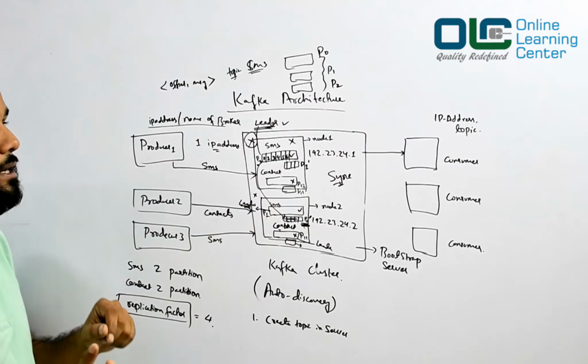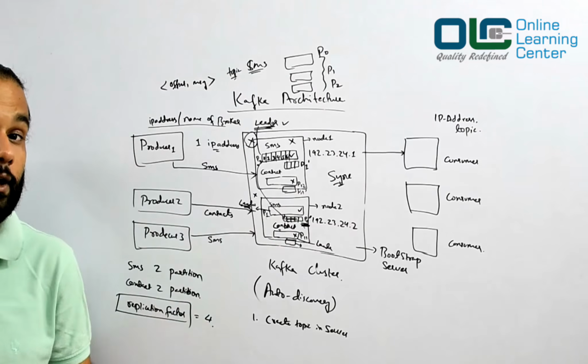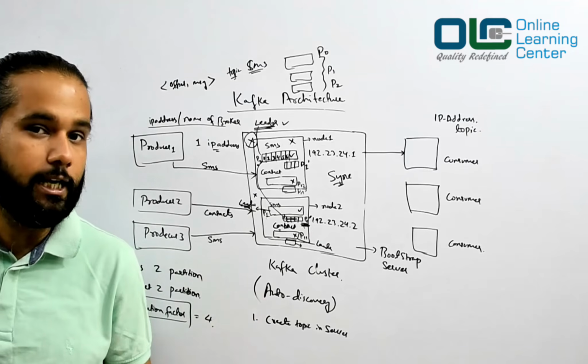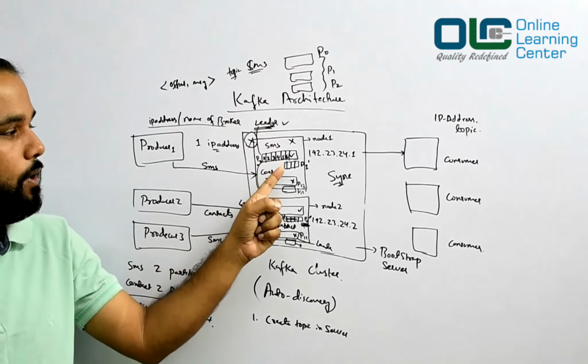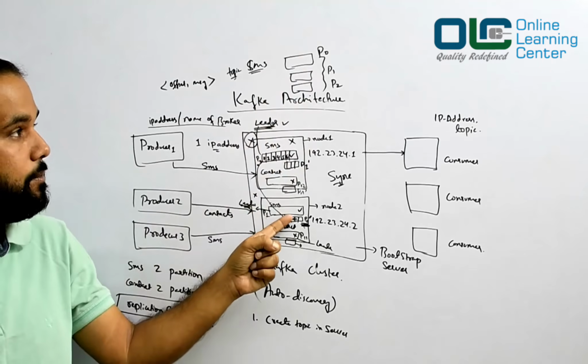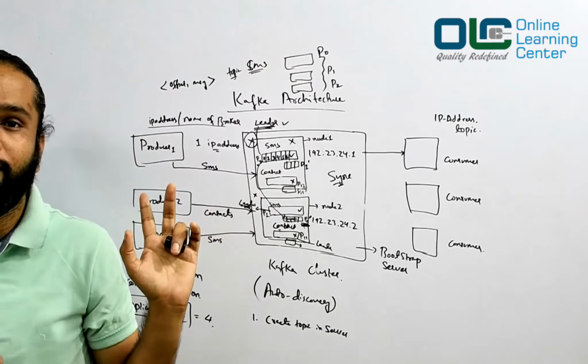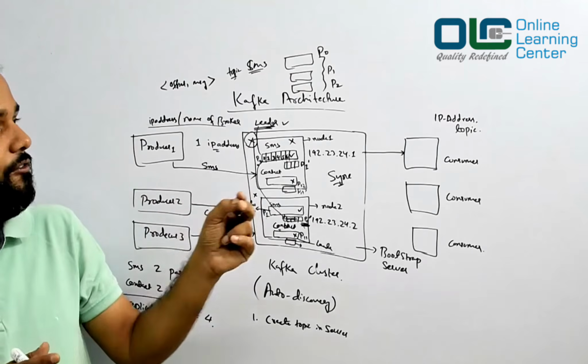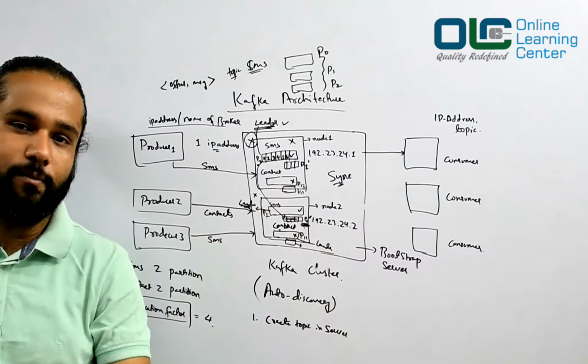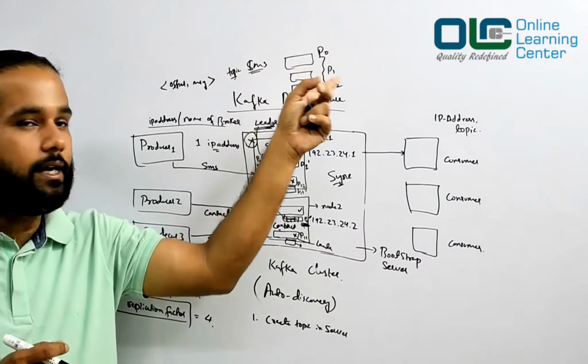It is not necessary that all these 3 partitions would stay on the same machine. P0 may be present in one machine, P1 in another machine, P2 in yet another machine. Think of it as a block where each block is present in different machines, and then they are replicated.